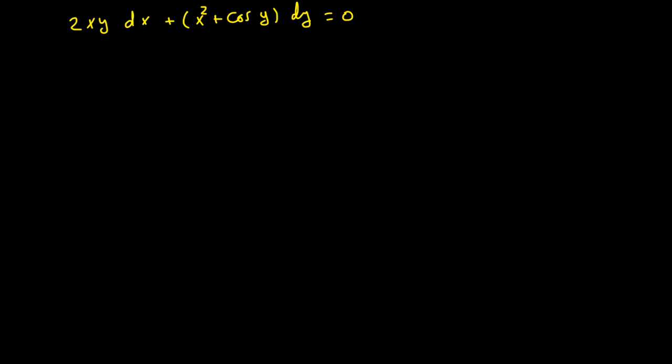So we can use this definition to find this u of x and y directly. The first step will always be to check for exactness, and we already have done this, and we found that this differential equation is exact.